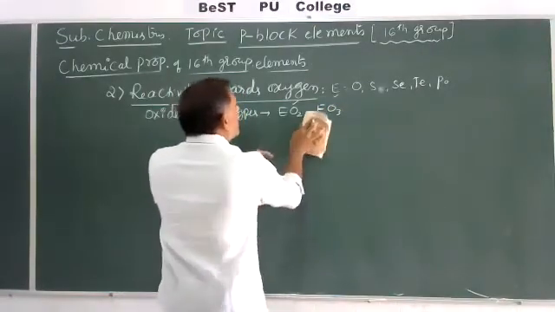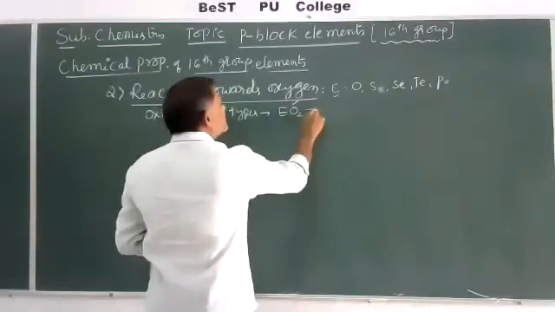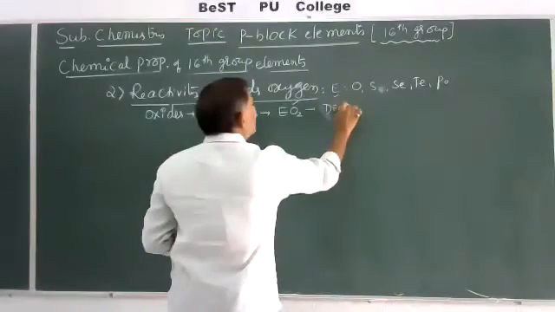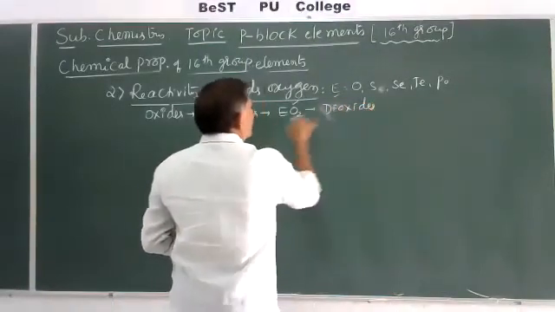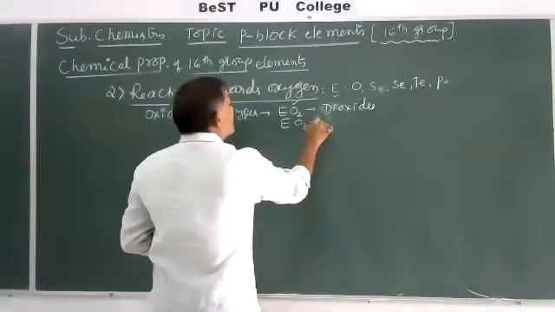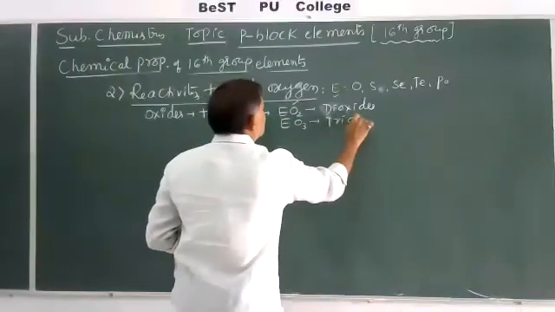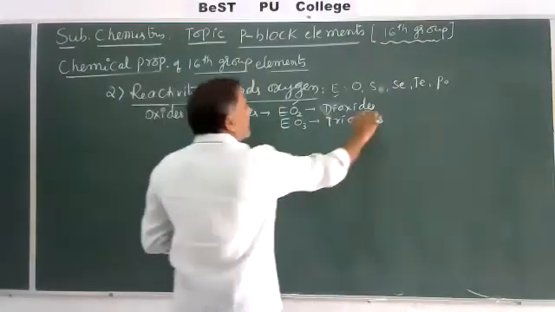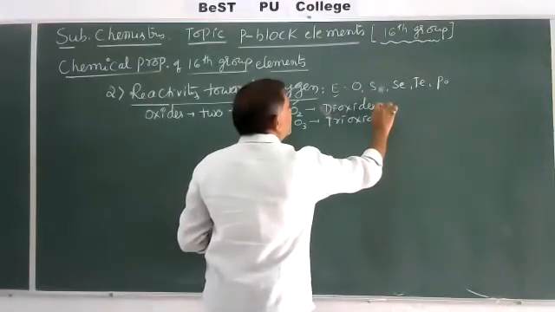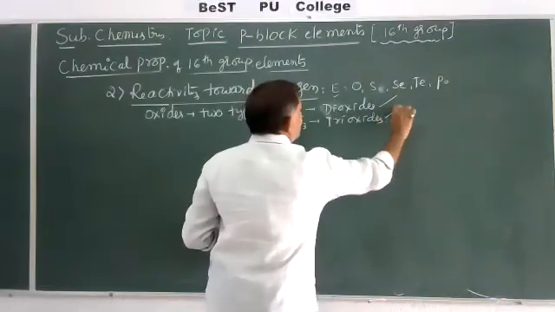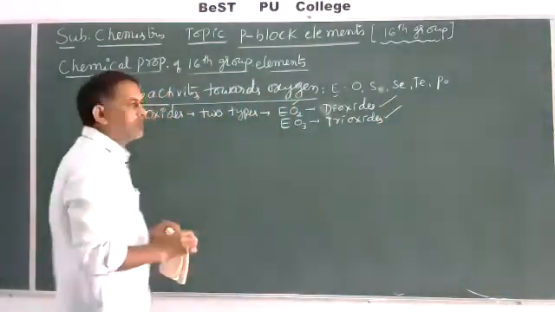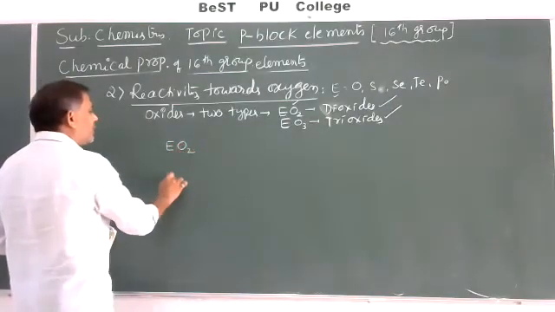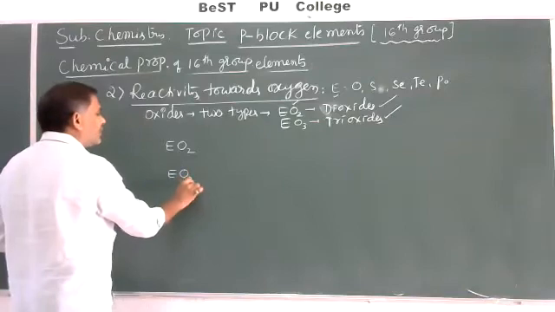Now EO2 is nothing but dioxides, and EO3 is nothing but trioxides. So the 16th group elements, when they combine with oxygen directly, form dioxides and trioxides. I'll create an important table of dioxides EO2 and trioxides EO3.